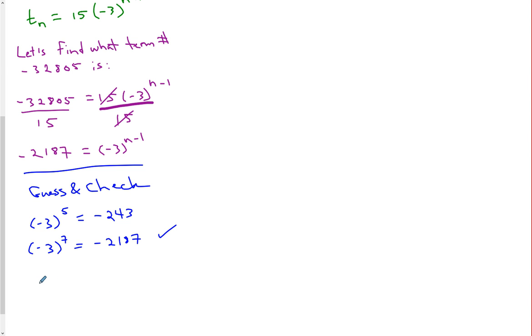So that means we've got to have that 7. It's got to equal n minus 1, right? Because that's the exponent right up here. We've got to have a 7 there to get that to work out. So n minus 1 has got to be 7. So n has got to be 8.